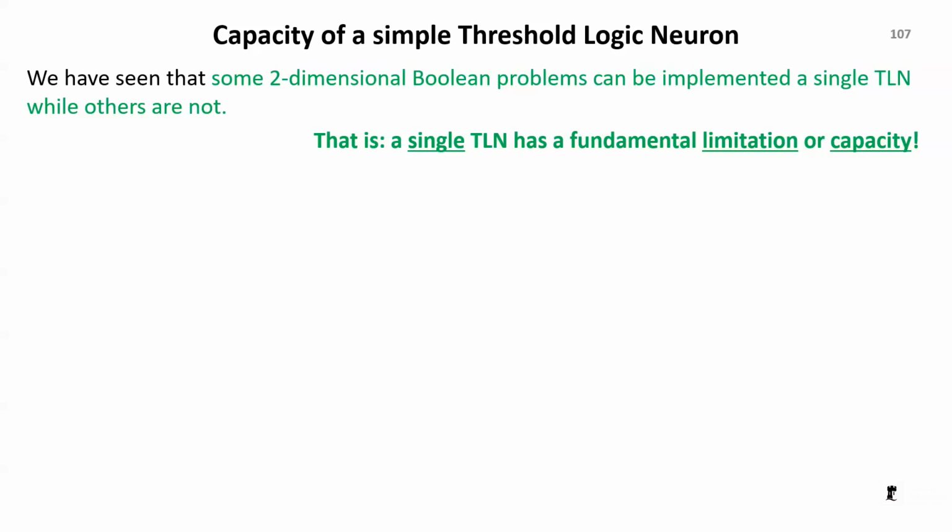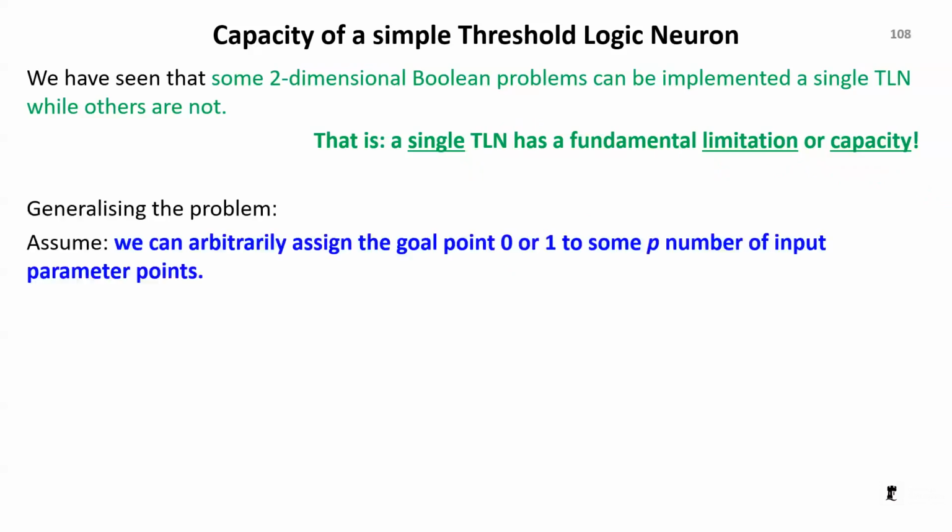We want to define mathematically what the capacity of a neuron is, meaning that if the problem is beyond the capacity of the neuron, of course the neuron cannot do the computation being asked, right? Because it's beyond its capacity. We need to quantitatively measure what actually the limitation is. What is the capacity, we call it, of a perceptron or a single threshold logic neuron?